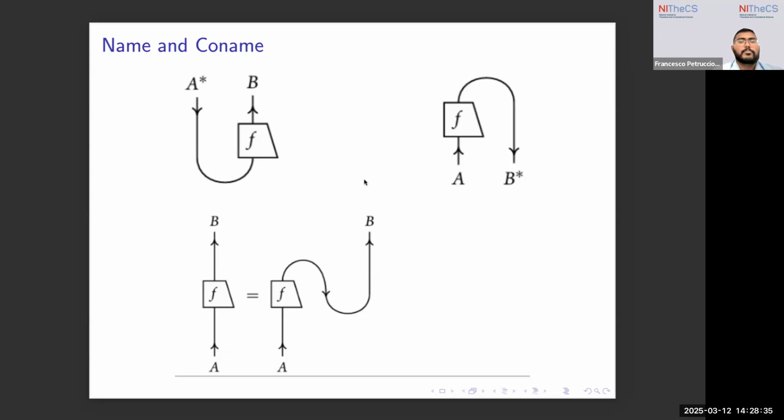From these name and co-name diagrams, it's easy to see how you can recover the original map F. So F went from A to B. Suppose I started with the co-name, the diagram on the right on the top.